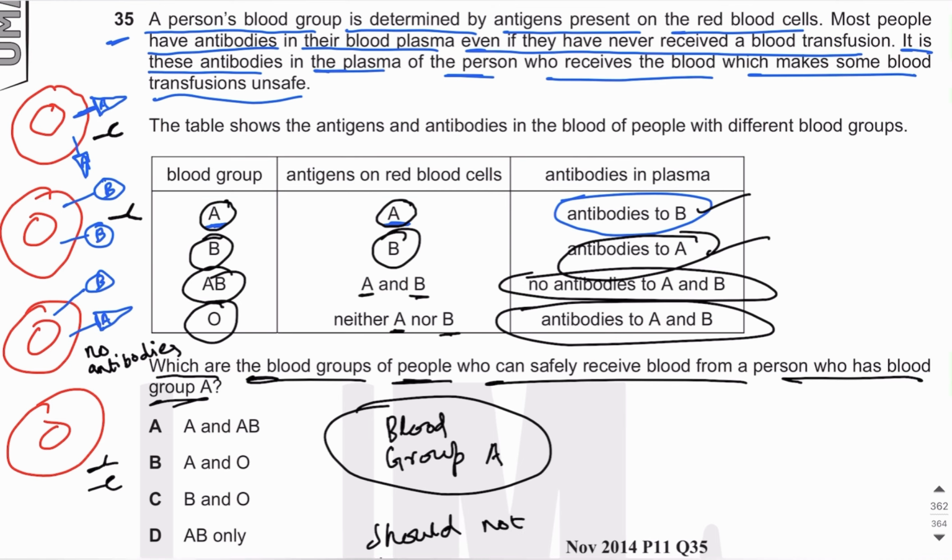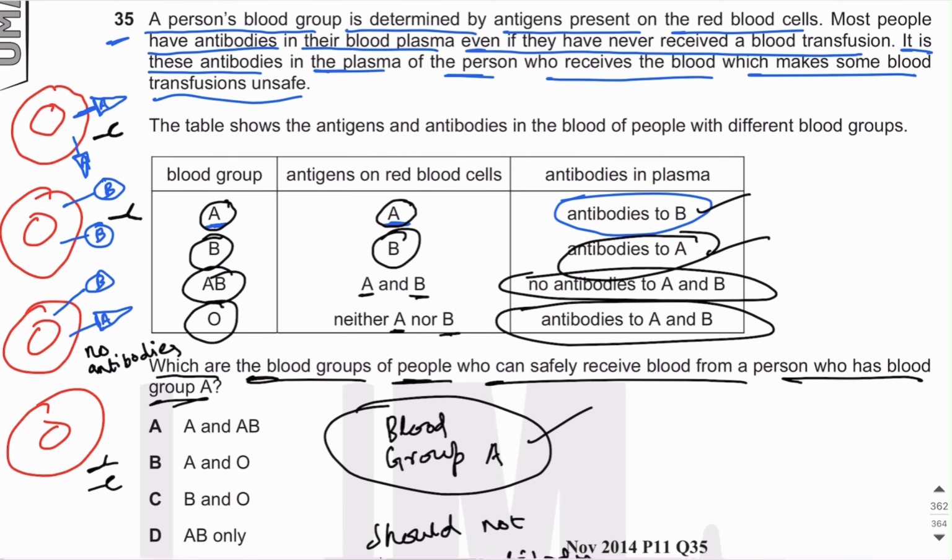antibody against A. Because in that case, if I have the antibody, what will happen? There will be tissue rejection. So if you transfuse a blood with blood group A in me, and if I have antibodies against antigen A, so that blood will be destroyed or rejected, and I will get severe reaction, right?